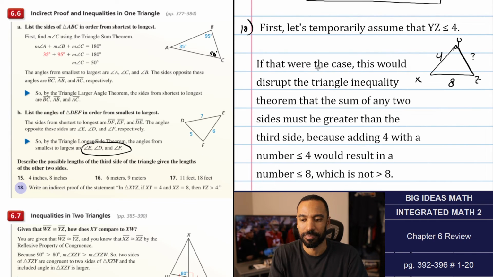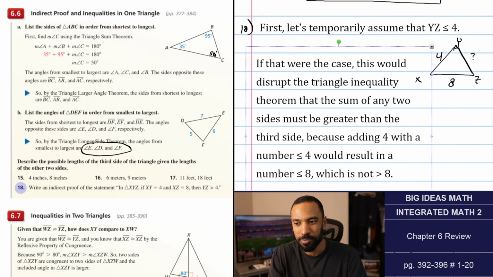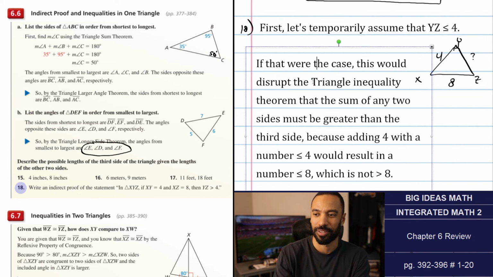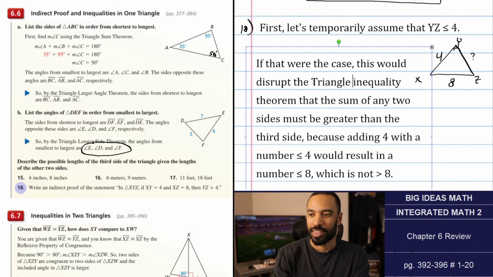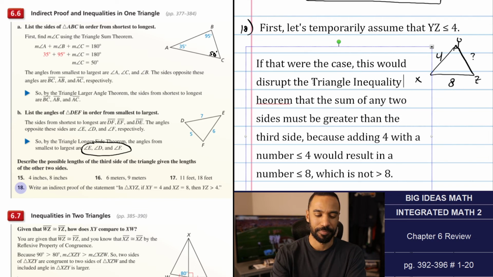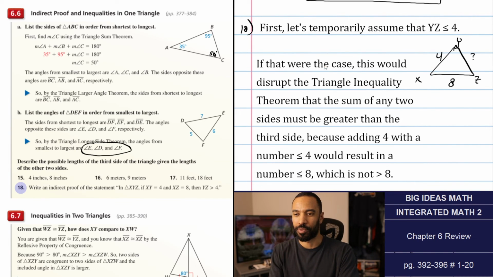It's kind of how we're saying that. If it was, it would dispute the theorem. Okay, that's number 18. I sometimes overtype it because I can type it. You can paraphrase it on your own with that in mind.